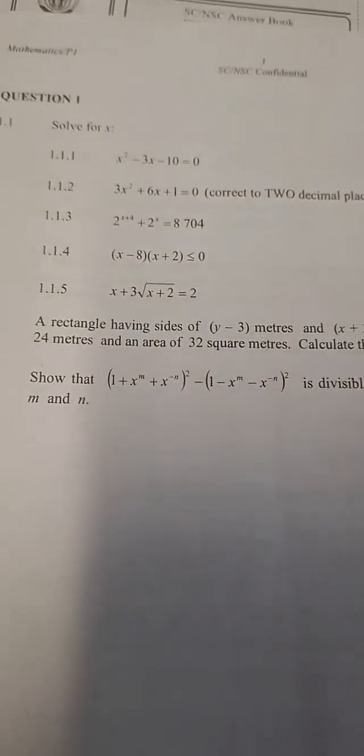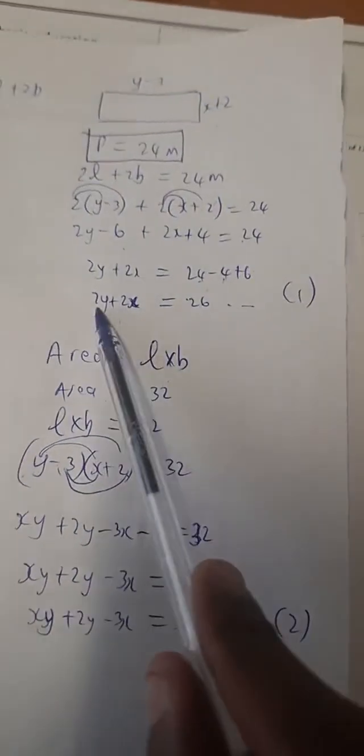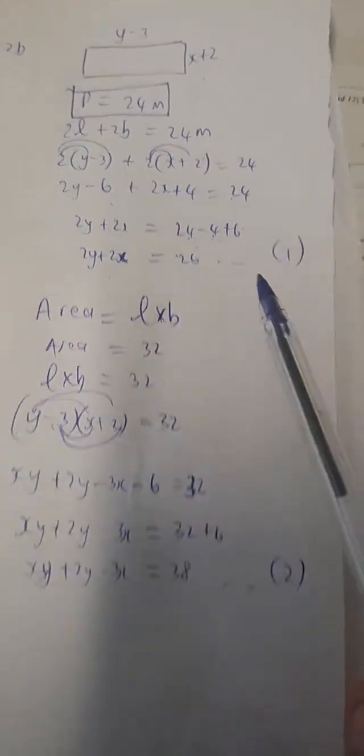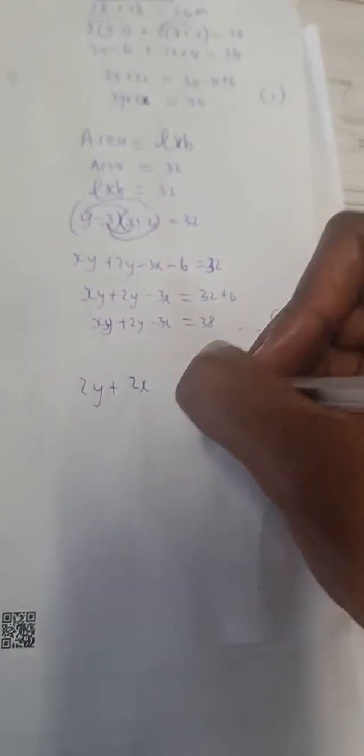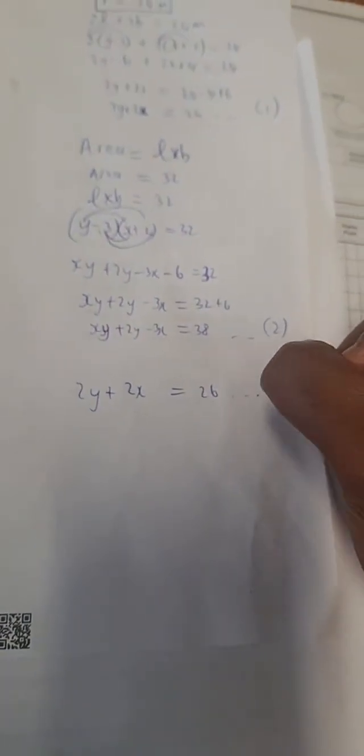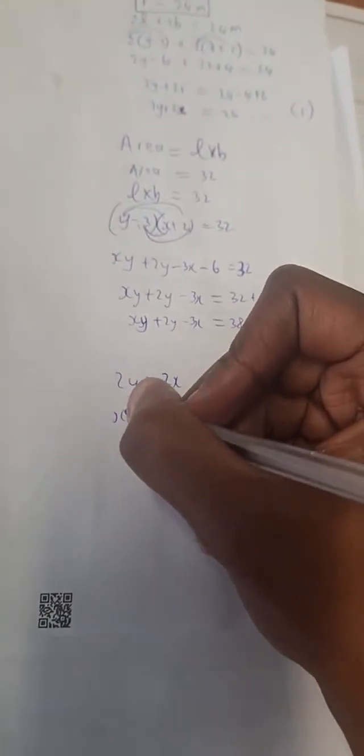So I use this information to set up two equations, as you have seen me do here. With the perimeter, I got this equation. With the area, I have this equation. Now I have two equations that I can go ahead and solve simultaneously.